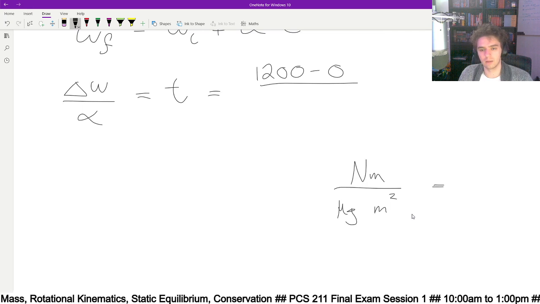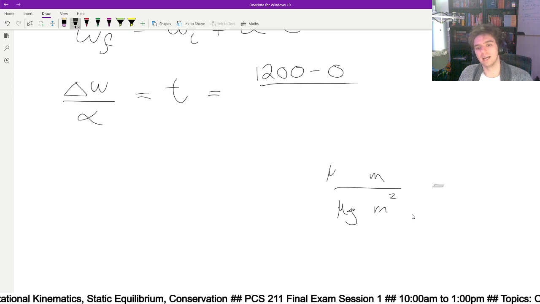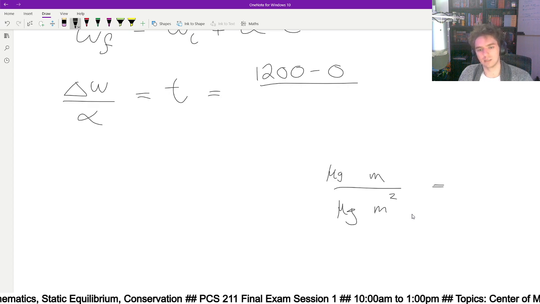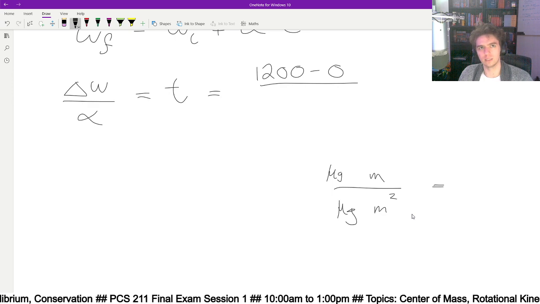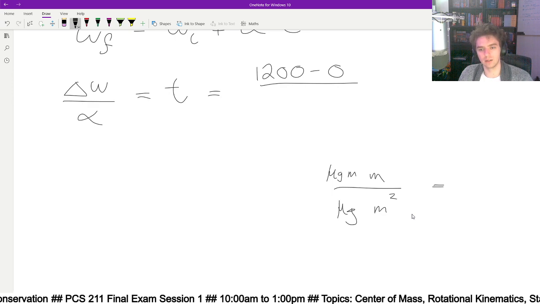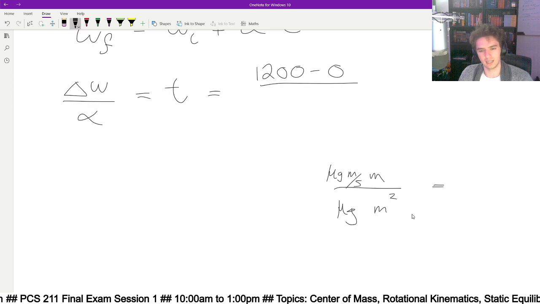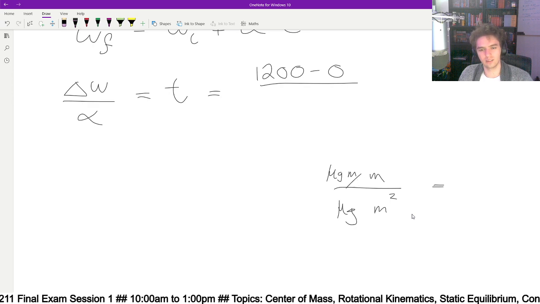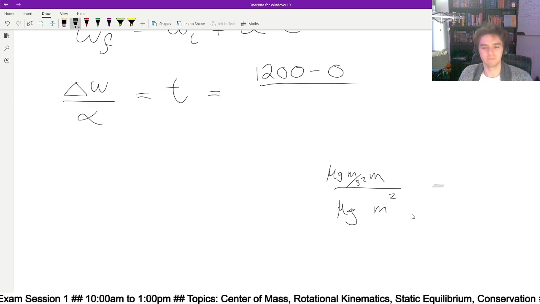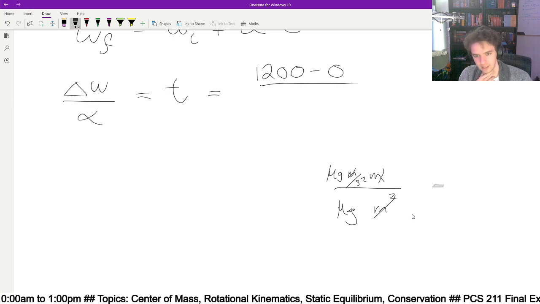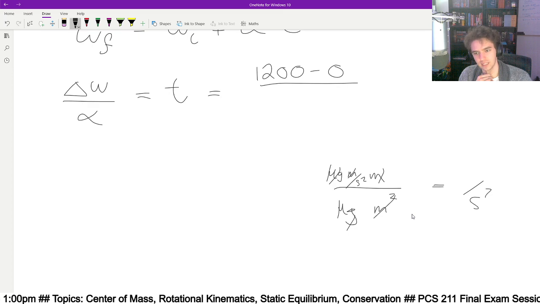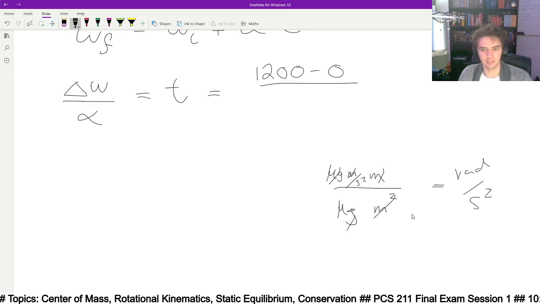A Newton is the force to move 1 kilogram 1 meter per second squared, since it's mass times acceleration. So kilograms cancel, meters cancel, and it's just per second squared. So radians per second squared.